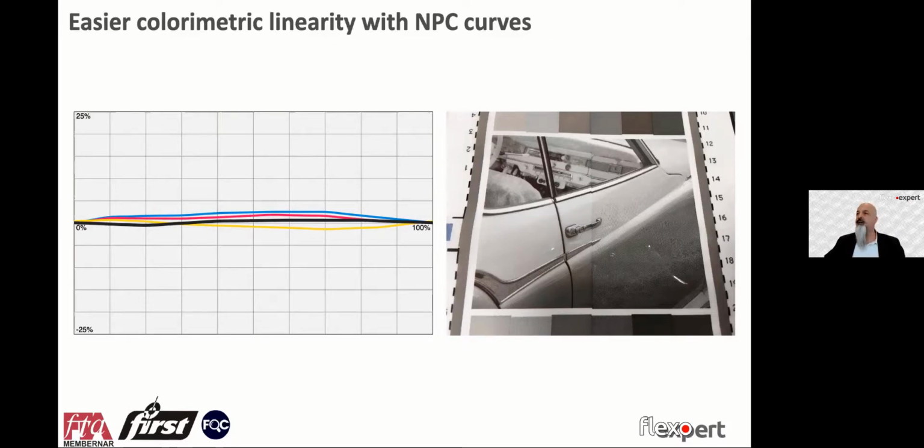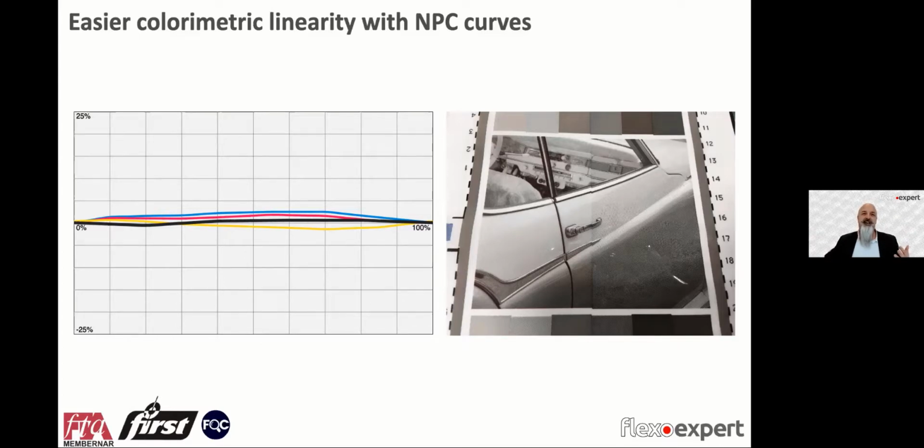What does it mean? This means that we can get closer to gray balance just by adjusting single colors with NPC curves, okay? So when I do my optimization run with one single plate, I calibrate with the NPC, and my colors will be much closer to colorimetric linearity.